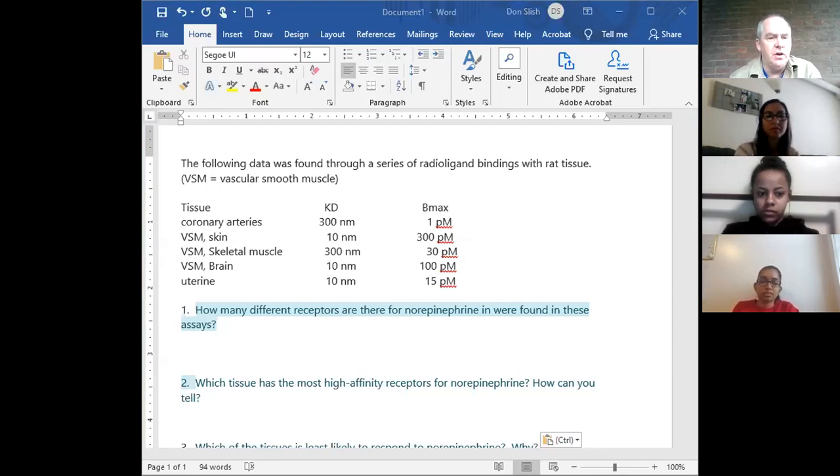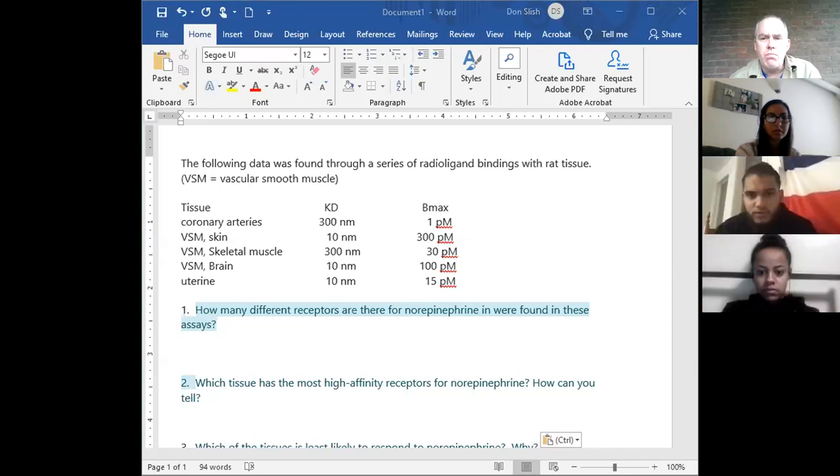Okay, question 1. How many different receptors do we have for norepinephrine based on this experiment? 2 different receptors, correct. Dante, how do you know that?